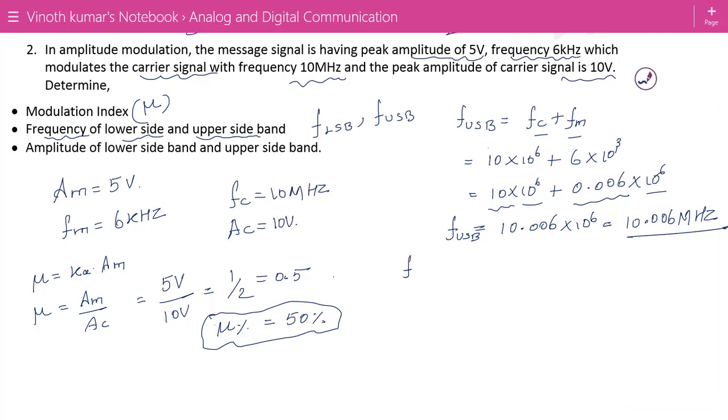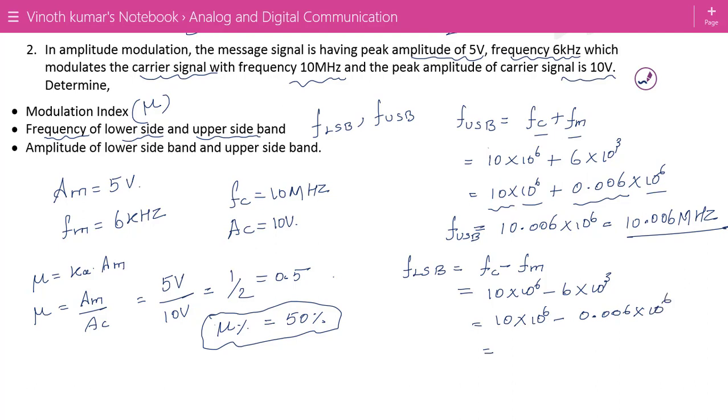And in the same way, the frequency of the lower sideband is expressed as fc minus fm. So fc we know is 10 megahertz, minus 6 into 10 to the power 3, which can be written as 0.006 into 10 to the power 6.